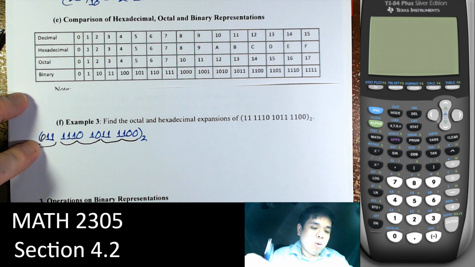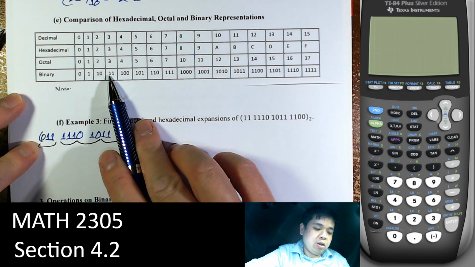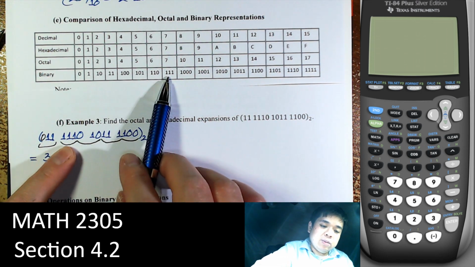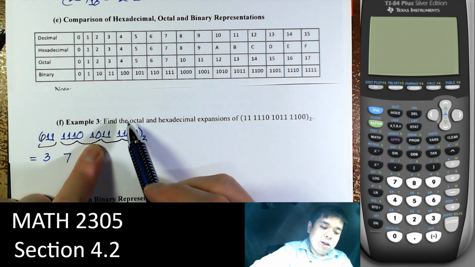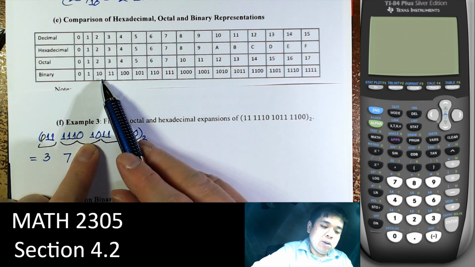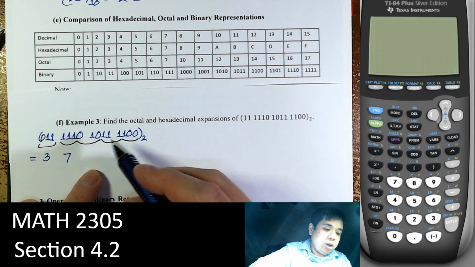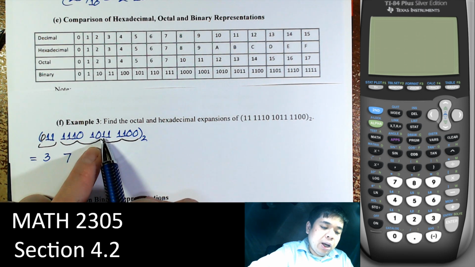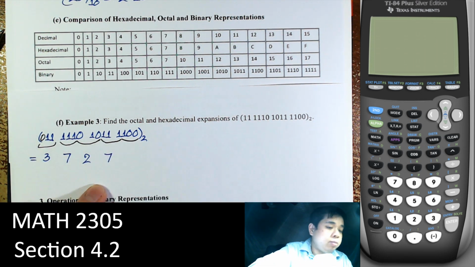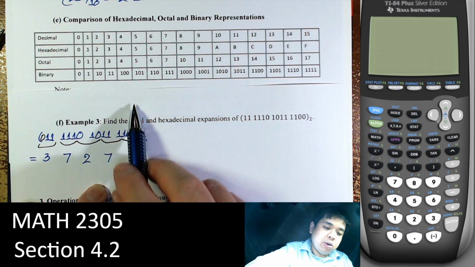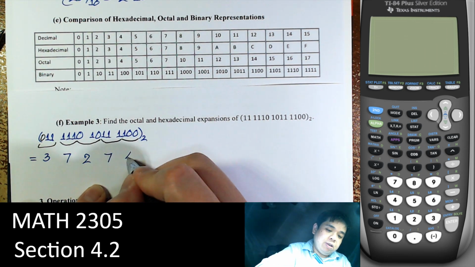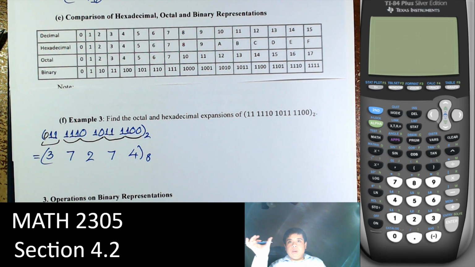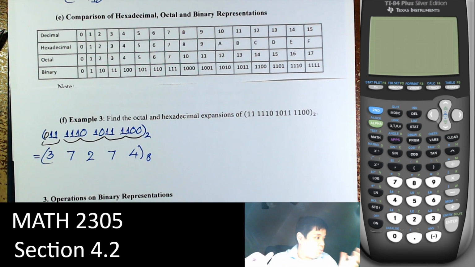So we have 0 1 1, that's 3. 1 1 1 is 7. 0 1 0 is 2. 1 1 1 is 7, and 1 0 0 is 4. So for base 8 we just group by 3, and if we need to add 0s in front, we do it.